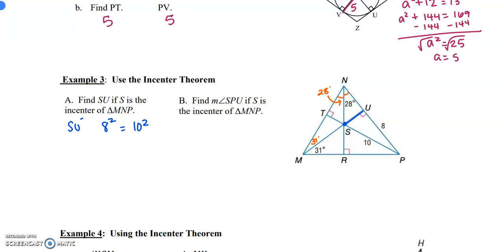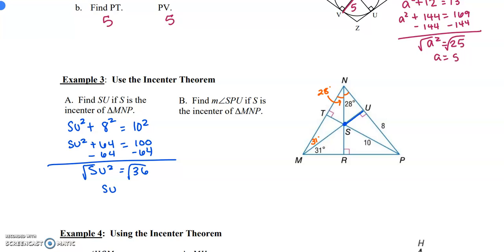So you could say SU, or you could say A or B. And then we're going to have SU squared plus 64 is equal to 100, subtracting our 64, and then we're going to have a 36 that we're going to square root to get SU, which is 6. So this is 6 right there for that length.